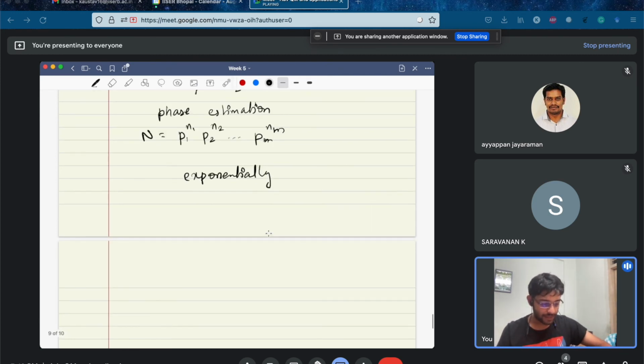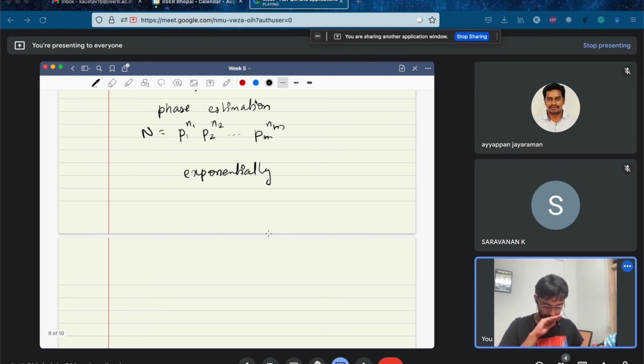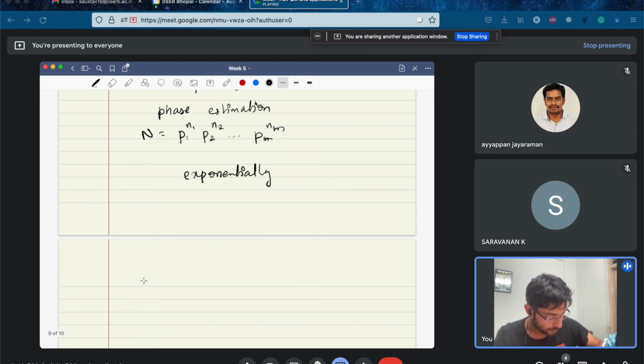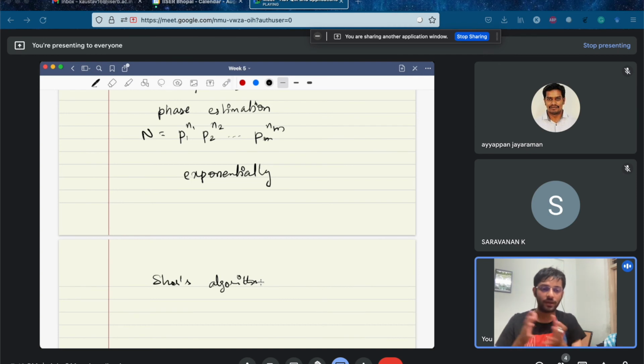Whereas from Peter Shor's algorithm, what he showed is that using quantum computing and using the phases in the superposition that is only available to quantum bits and not classical bits, this reduces down to a polynomial scaling with the size of n, which is much easier compared to an exponential scaling.